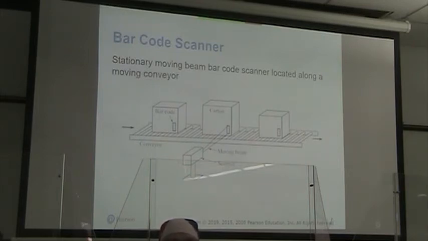It's scanning up and down, and as each barcode comes in, it's reading it so that it is able to account for these products or possibly send them to the correct place for shipping, etc.